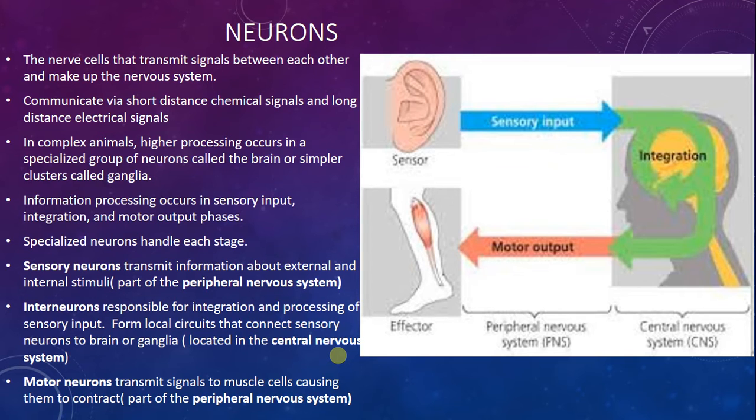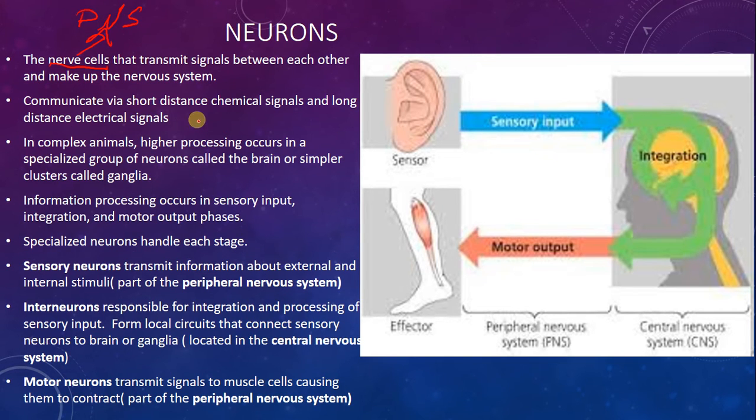So this long chain of neurons, nerve cells, are kind of what we call neurons in the PNS, or the peripheral nervous system. And they communicate with each other to send information from the outside world to the brain, or from the brain to the outside world.